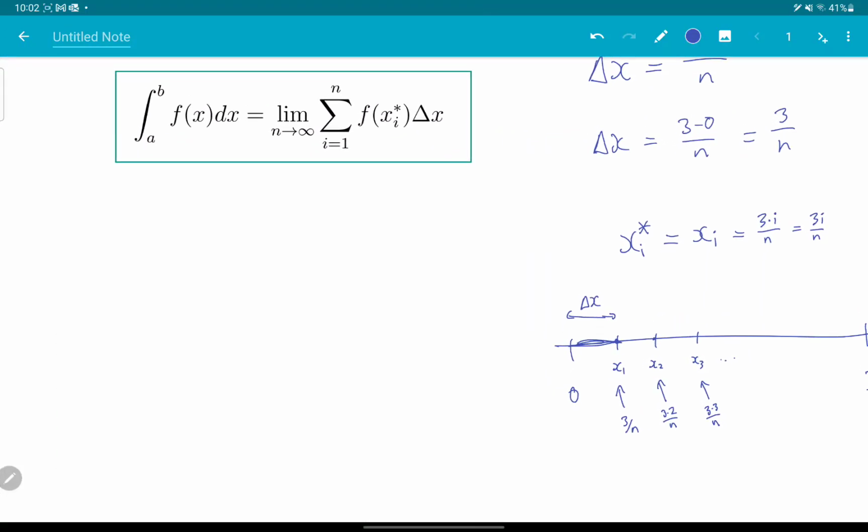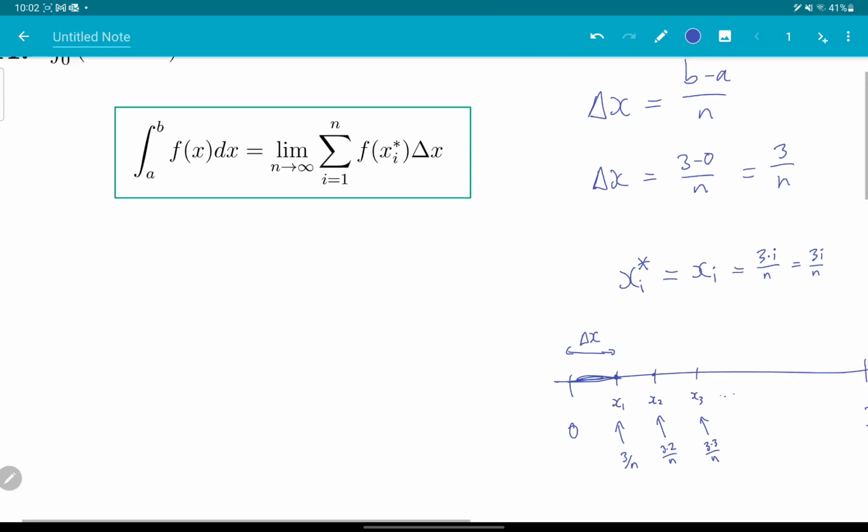So I'm going to go about this in a few steps. Number one, I'm going to find and simplify f of xi times delta x. Number two, I'm going to throw the sum in there. And number three, I will finally do the limit.